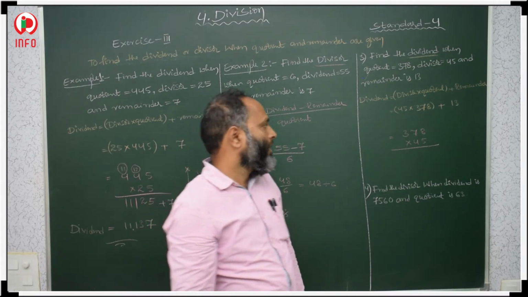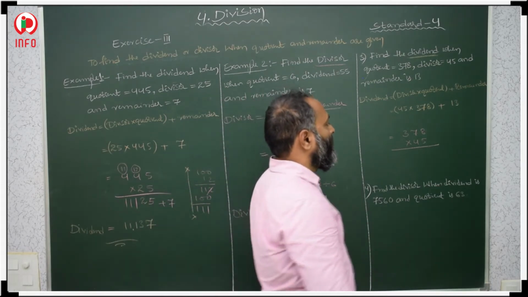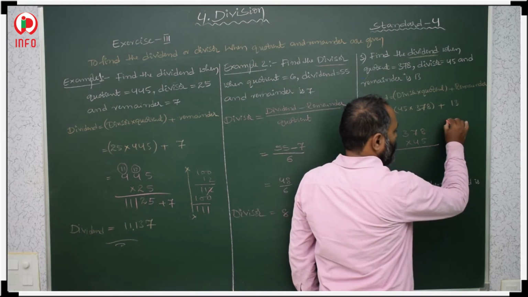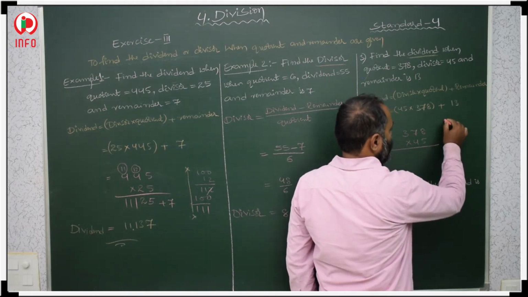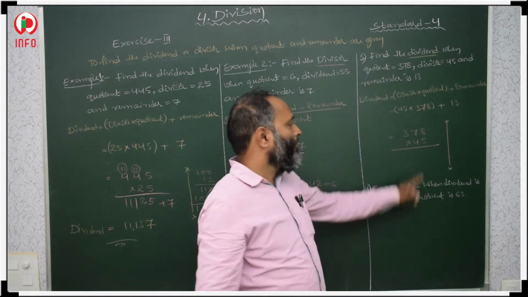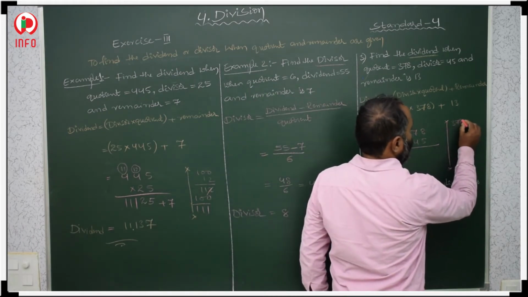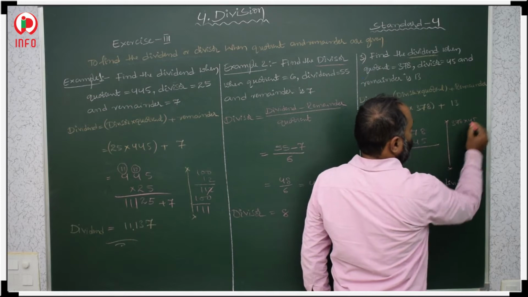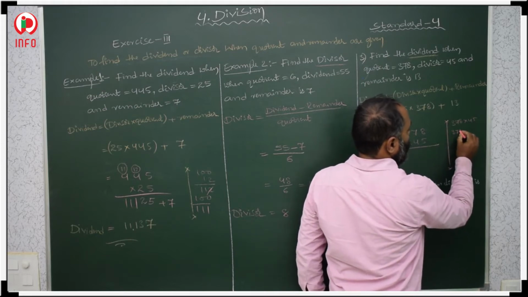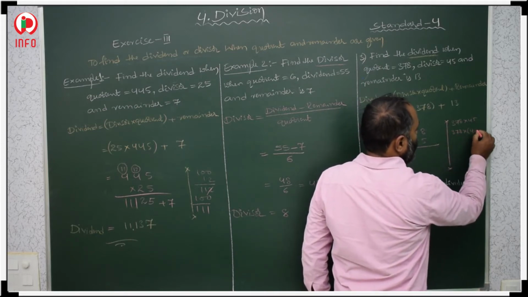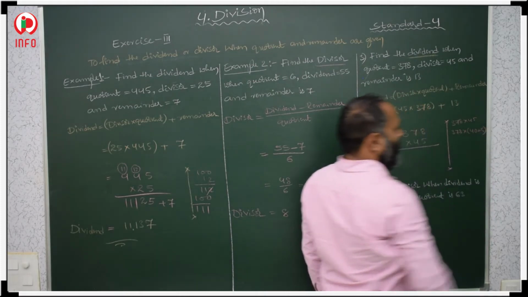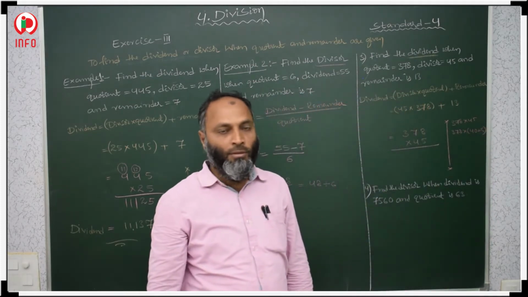So how to do? First, 378 into 45. 45 means 40 plus 5.